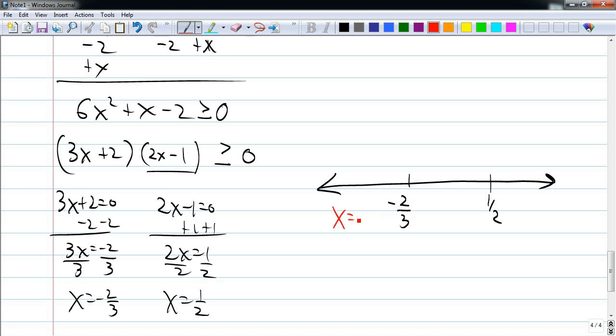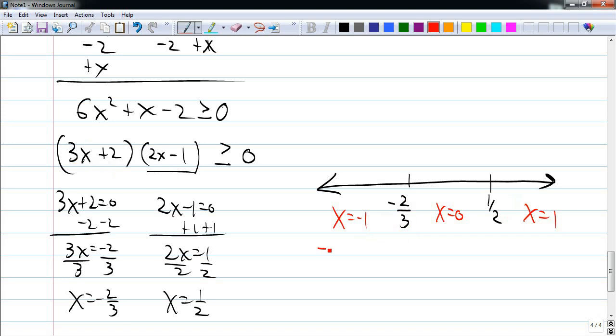How about -1? Choose some x that is in between -2/3 and 1/2. How about 0? And then choose some x that is greater than 1/2. Let's say 1.